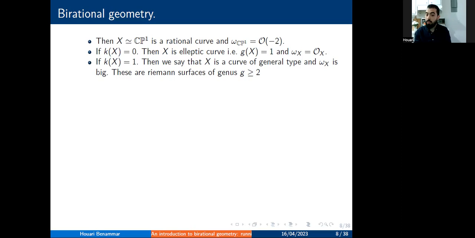So big means exactly that the variety is of general type. And the Kodaira dimension is maximal, because the Kodaira dimension is between 0 and the dimension of the variety. And when there is no section, by convention, we say that the Kodaira dimension is minus infinity.